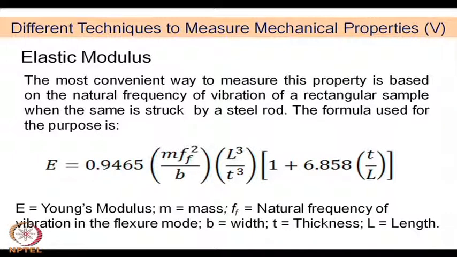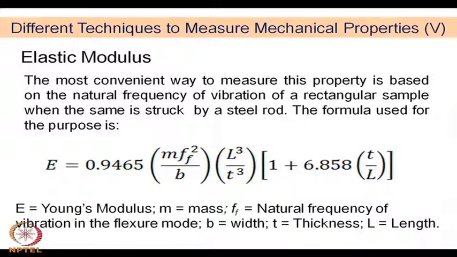Now, elastic modulus. As per definition, the best way to find the elastic modulus is to carry out a tensile or compressive load test, and from the slope of the stress-strain diagram in the elastic range, you can always find the elastic modulus.